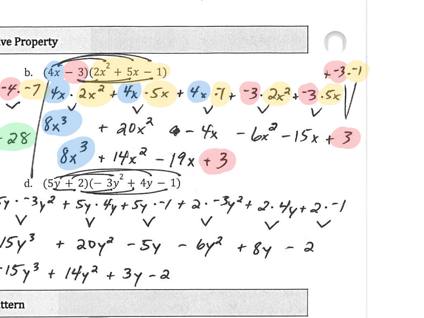Same with this positive 3 doesn't go with anything else because there's no other whole numbers, or sorry, constants. What we can combine, however, are the terms with x squared. We have a 20 and a negative 6, which make positive 14. We can also combine the terms with just a regular x. We have a negative 4 and a negative 15, which make negative 19x.